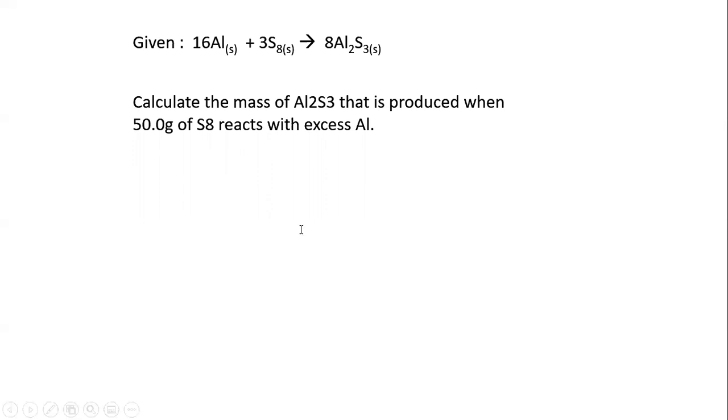So now we're going to be doing something a little bit different. Let me show you the pattern of what we're doing. We're starting with the mass of S8. The first thing we're going to do is convert it to moles of S8, because in order to use the mole ratio, you have to be in moles. Then we're going to convert it to moles of aluminum sulfide.